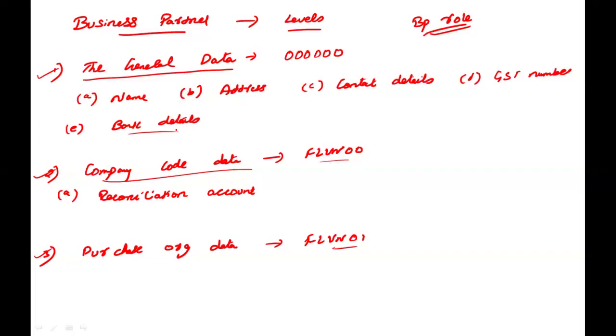Now, I am purchasing raw material only from certain vendors, finished material only from certain vendors, and consumables from certain vendors. So I want to divide and pay the vendors.